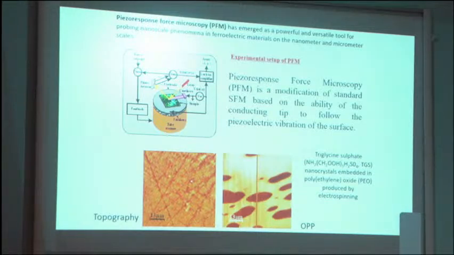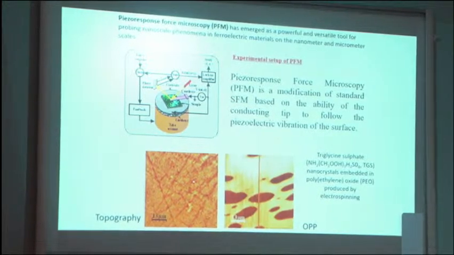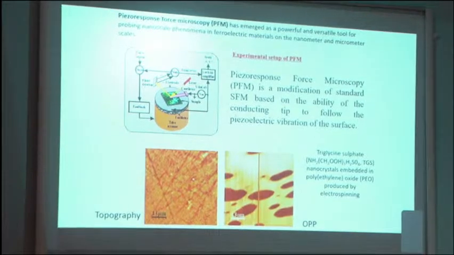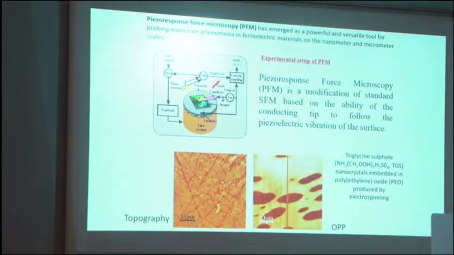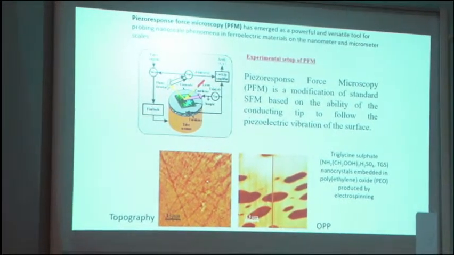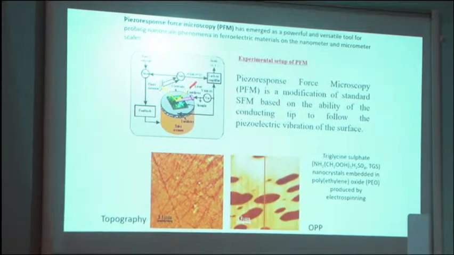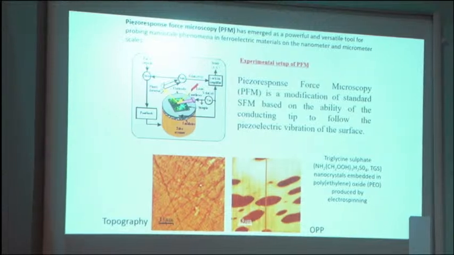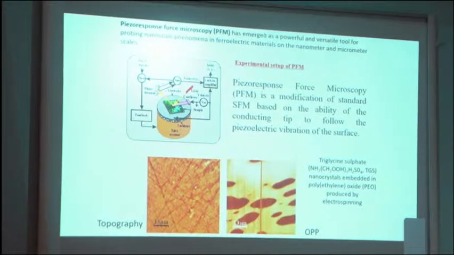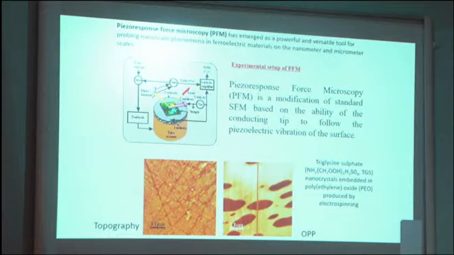On topography we have a scratch, the quality of the sample surface, the real sample surface, real morphology. And for piezo, we see additional domains which do not appear at all on topography, and these domains correspond to the orientation of polarization.